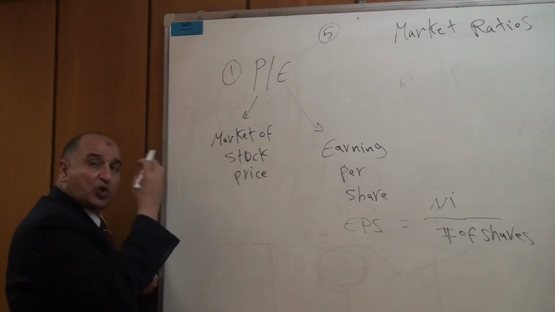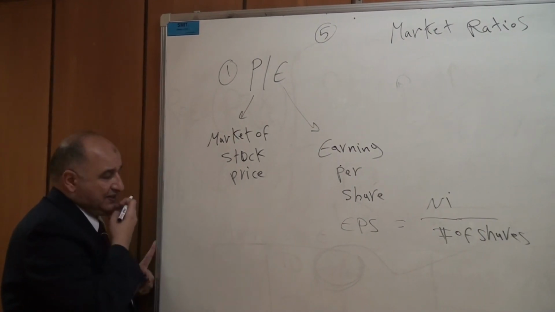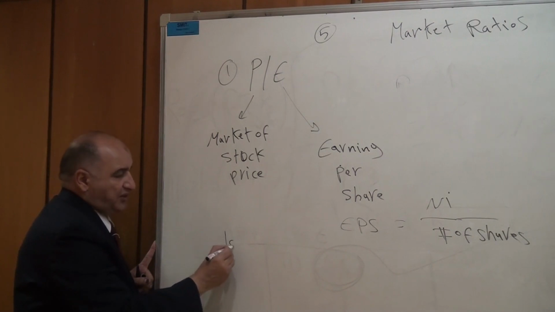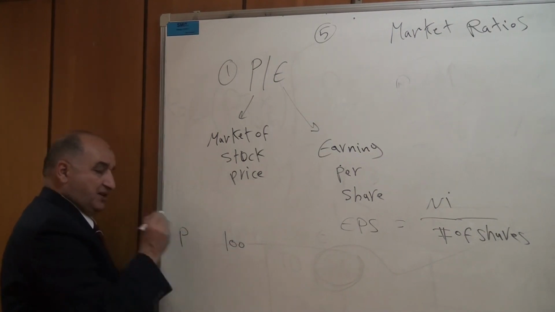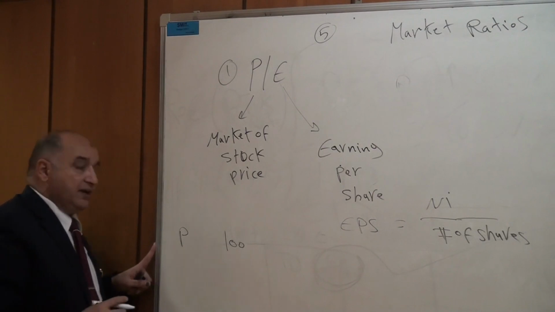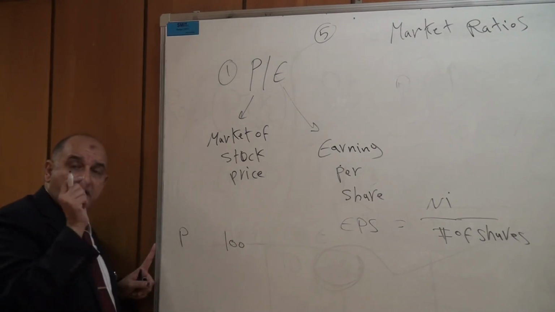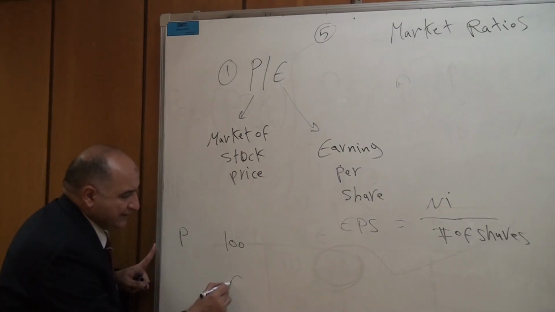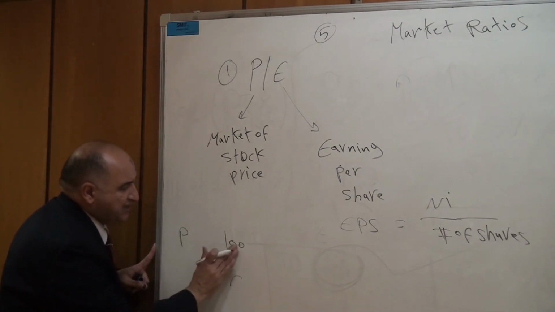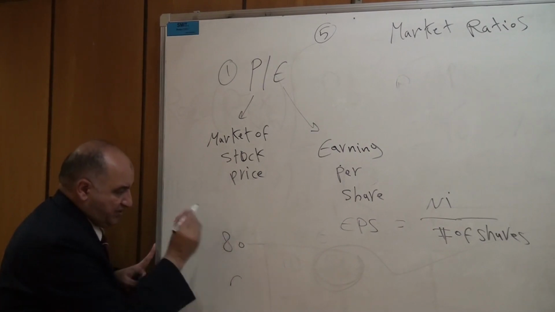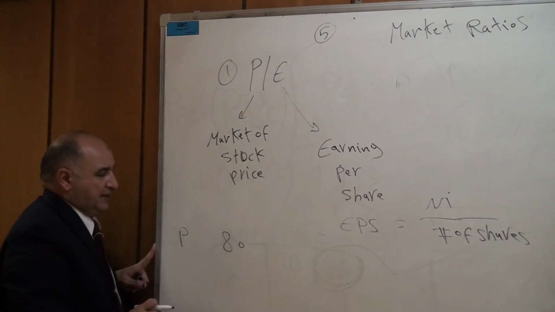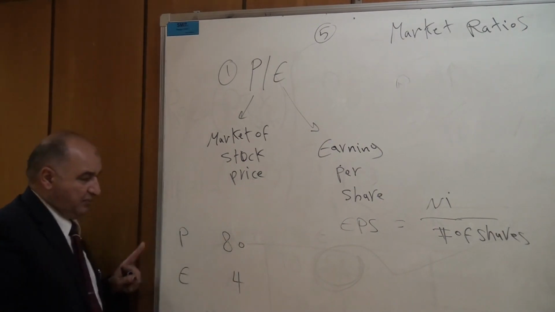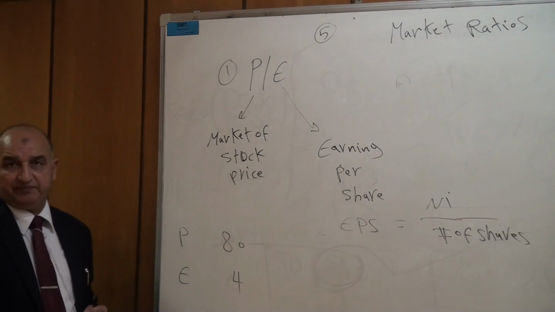If the stock price on the market equals, let me make this 80, so this is the P price, and make the earning per share equal 4.